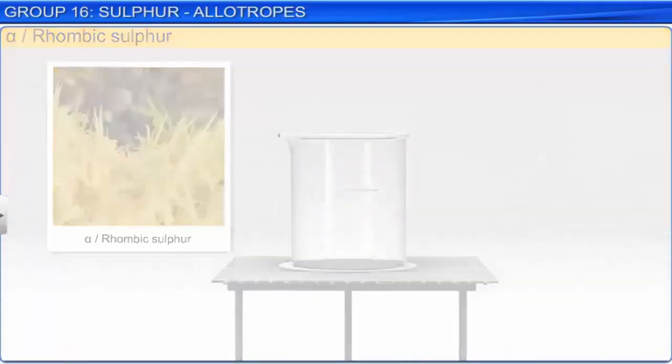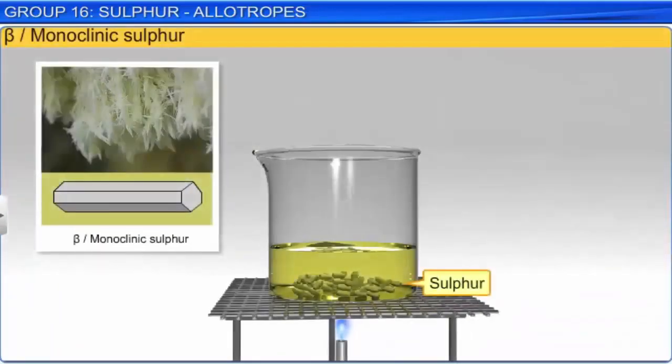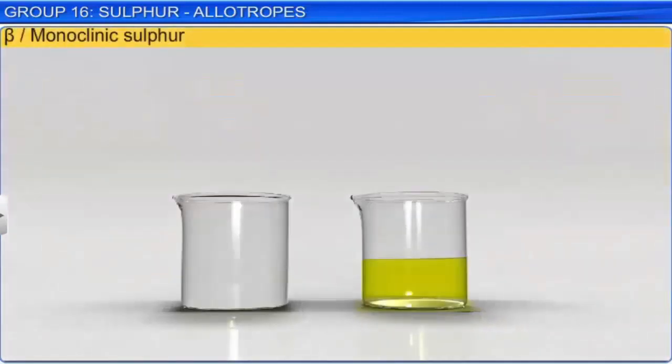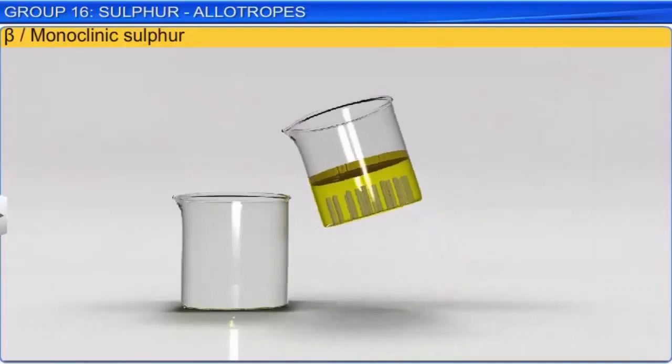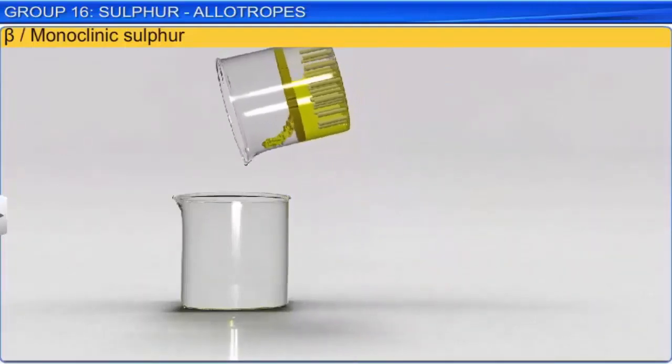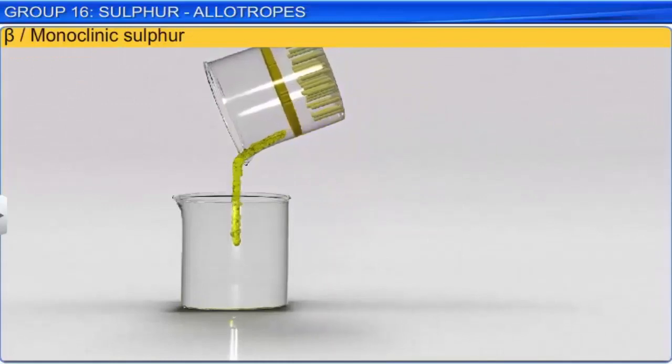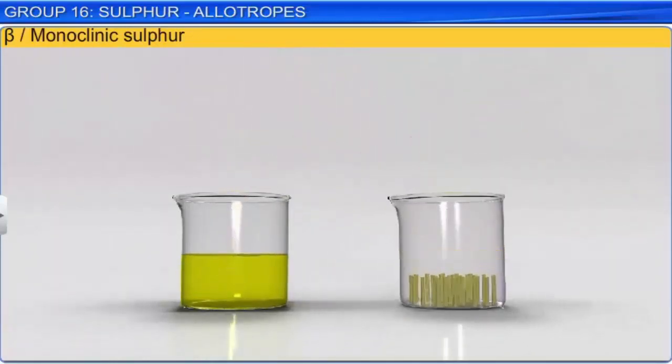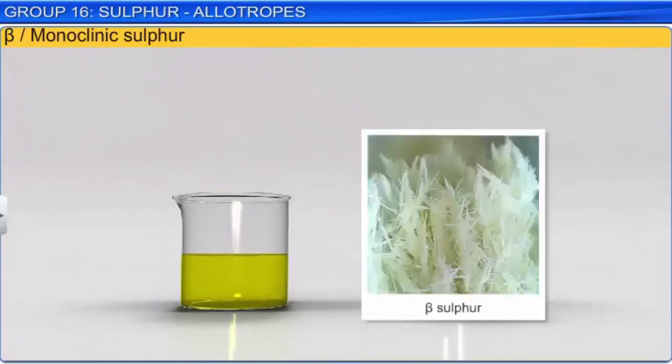Monoclinic, prismatic, or beta sulfur is prepared by melting sulfur in a dish and cooling it till a crust is formed. Two holes are made in the crust and the remaining liquid is poured out. On removing the crust, colorless needle-shaped crystals of beta sulfur are formed.